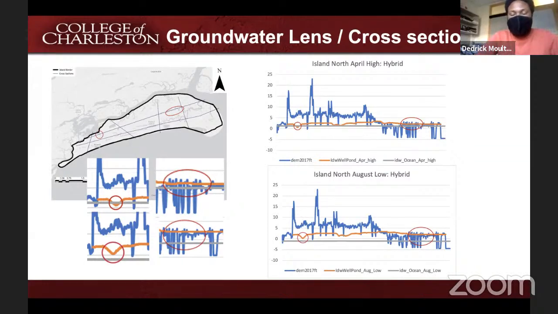I think one of the things Kiawah has going for it is that they've done an incredible job of being so proactive, and in doing so, we're able to see this in the earlier stages. We're starting to see a little bit of saltwater intrusion in some of the areas out in the marsh, but we're not seeing extraordinarily high levels of electrical conductivity or salinity.